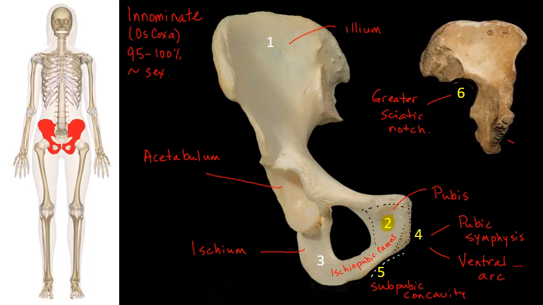So like I said, I want you to make sure that you're taking images of the pubis, the area around the pubic symphysis, the subpubic concavity, greater sciatic notch, and in around this region of the ischiopubic ramus. And you don't really need to go much further than that. That provides us with all of the information that we need to get a highly accurate estimate for the sex of the individual.